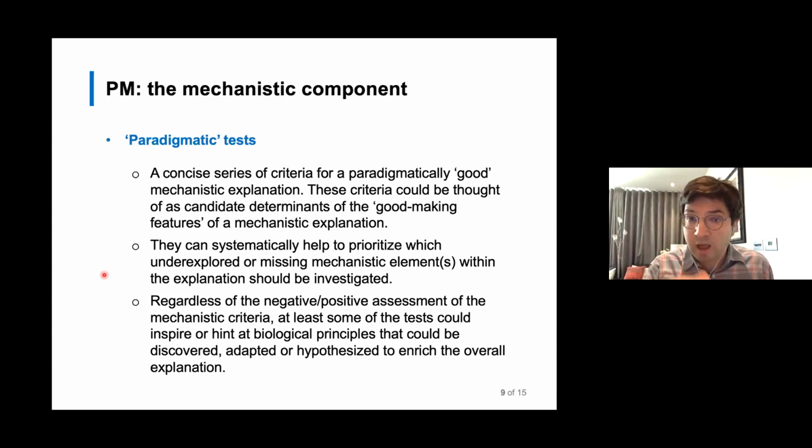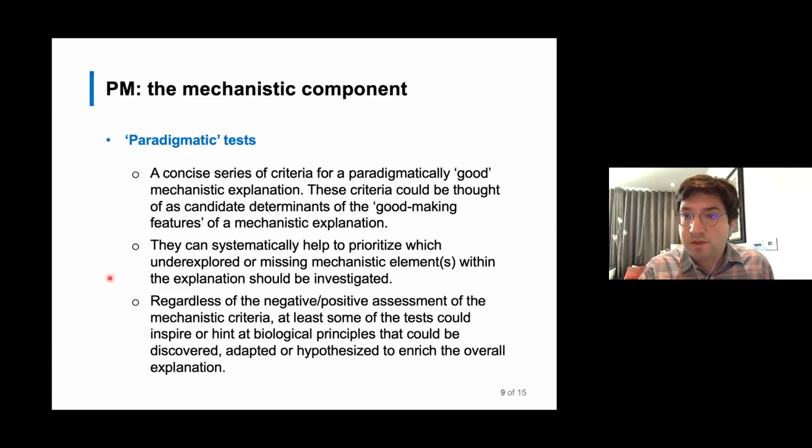And why is having these tests important? Because when we systematize it this way, we can help to prioritize which elements of the mechanism we are explaining might be underexplored, might be missing, and so on.